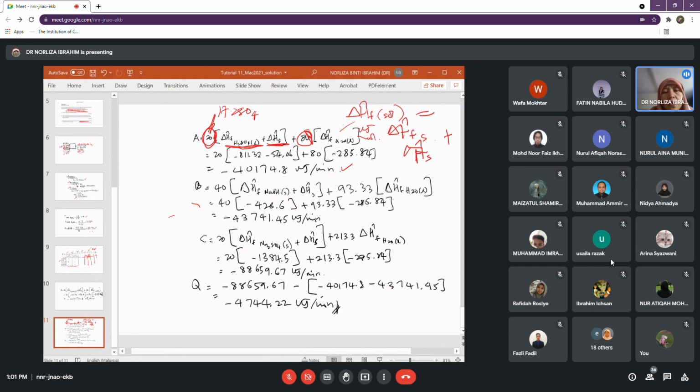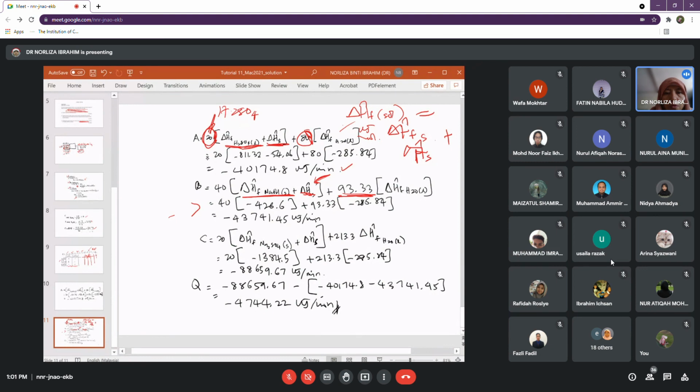Now you repeat for B. For B, 40 is for the NaOH aqueous, and 93.33 is for the water. Here you need to form the NaOH aqueous first, so it is solid NaOH solute plus the heat of solution. So you get this value.